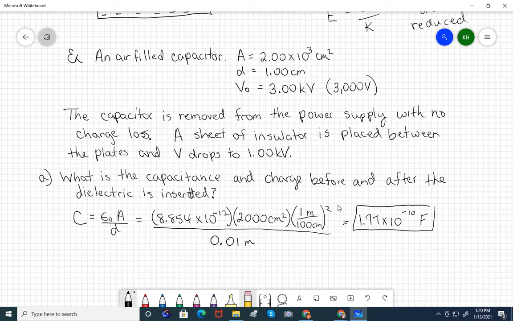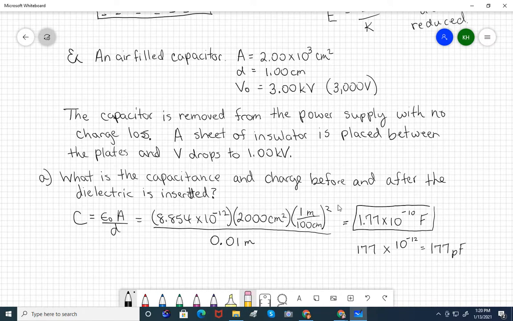If I wanted to say 10 to the negative 12, that's a multiple of 3. That's 100 times smaller, so I could make this 100 times bigger. So another answer could be 177 picofarads. But I'm really okay with just leaving it 1.77 times 10 to the negative 10 farads.